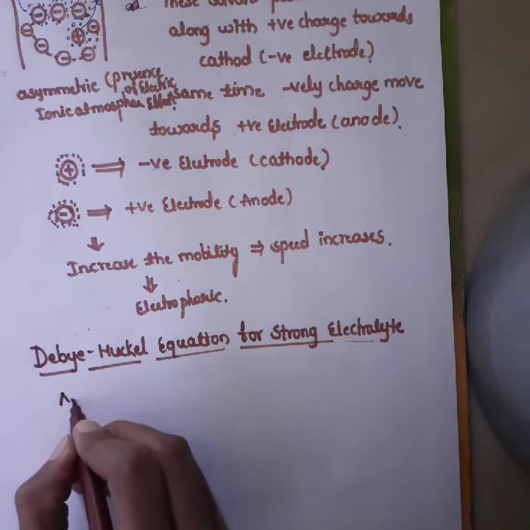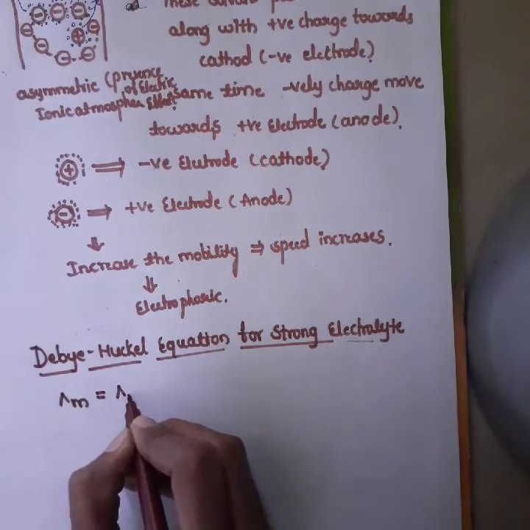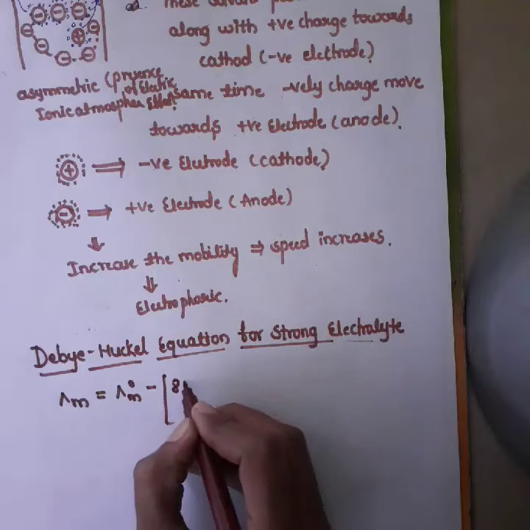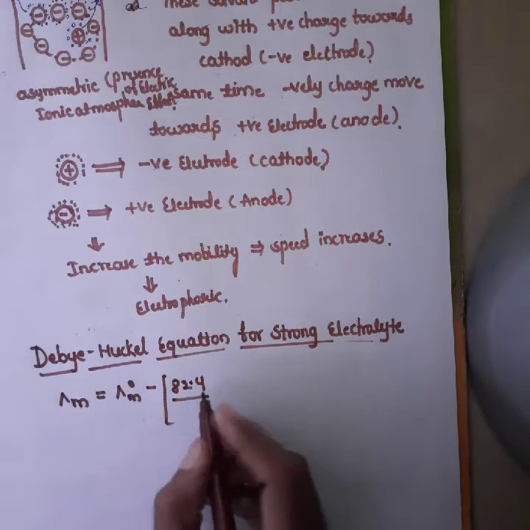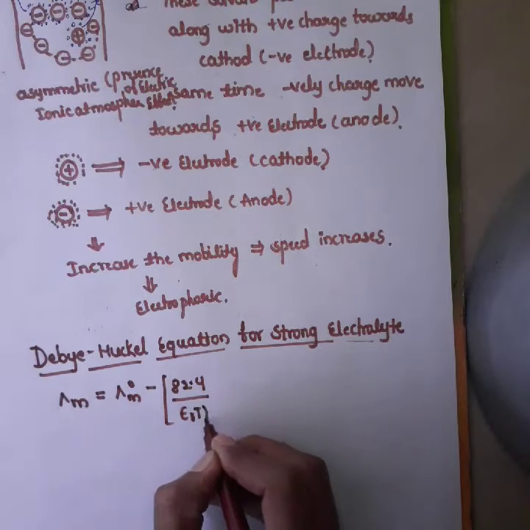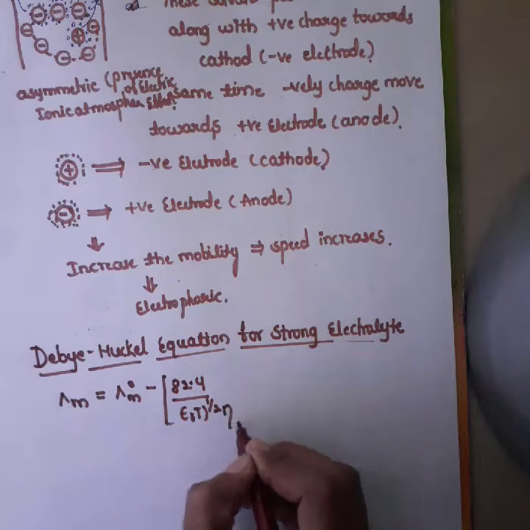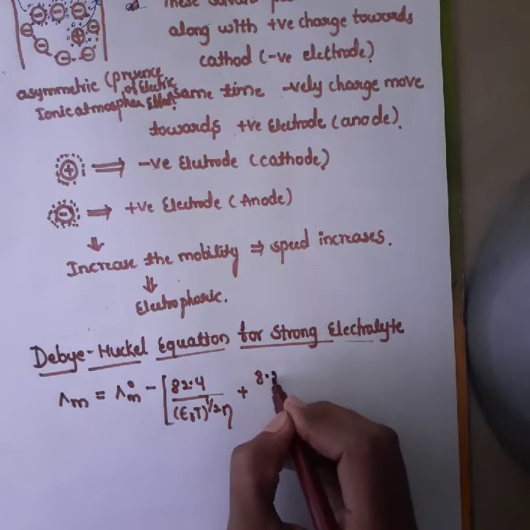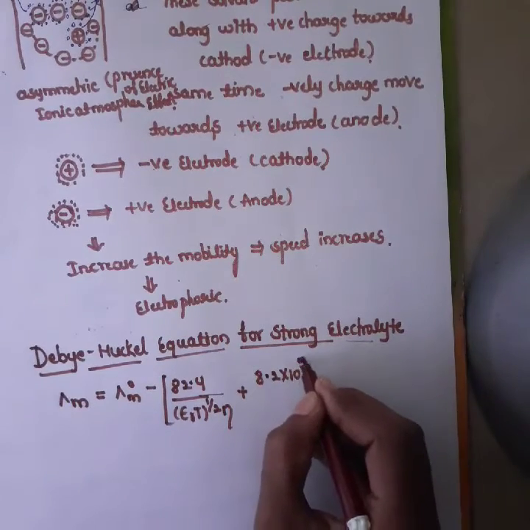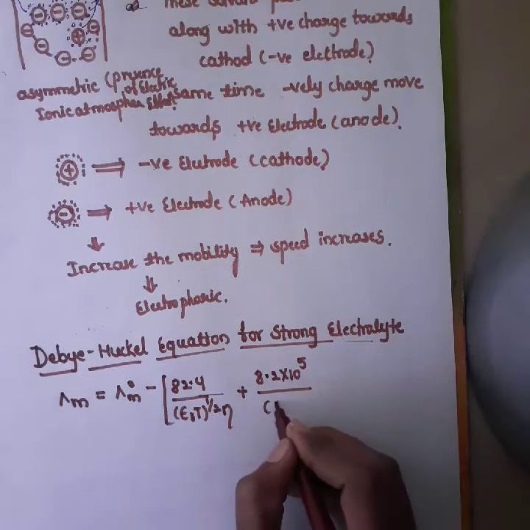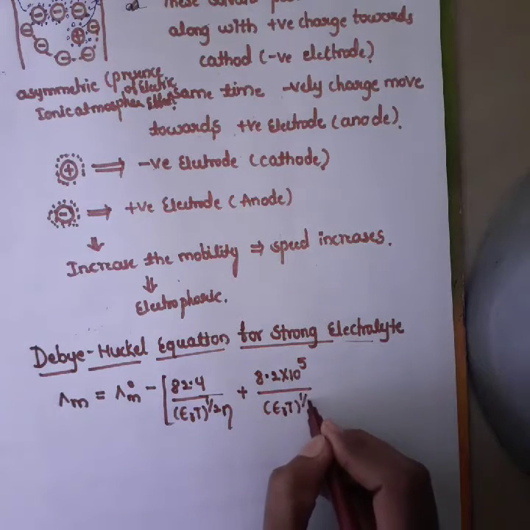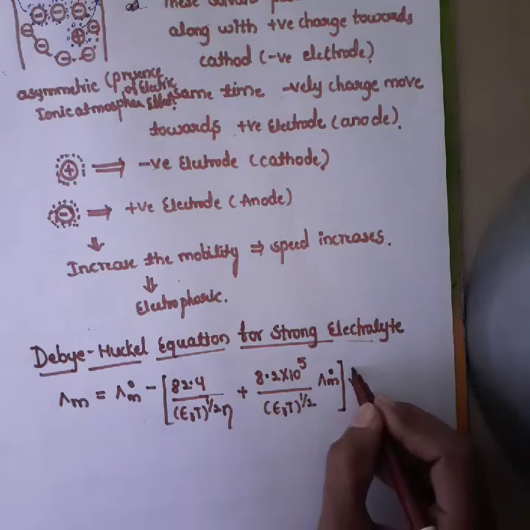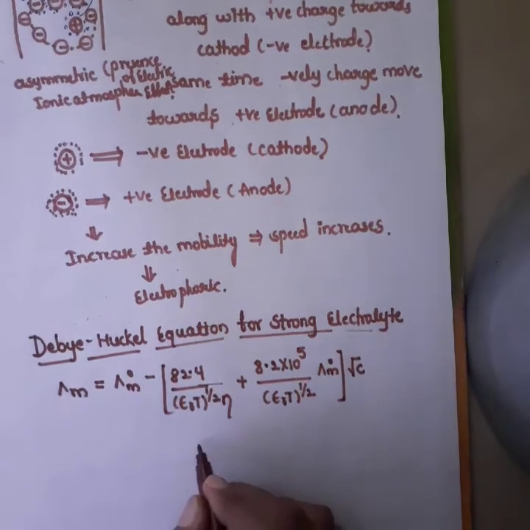The Debye-Hückel equation is lambda m is equal to lambda m naught minus 82.4 divided by epsilon r T raised to 1 divided by 2 into eta, plus 8.2 into 10 to the power of 5 divided by epsilon r T raised to 1 divided by 2 into lambda m naught into root c. This is the Debye-Hückel equation.